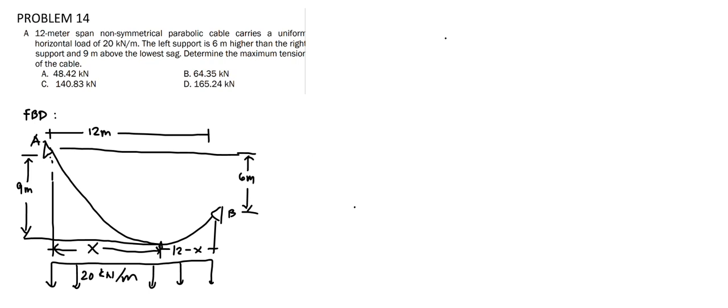Now to solve for the value of x, since a parabolic cable takes the form of a parabola, we can make use of the squared property of the parabola to solve for the value of x. That is the ratio of the horizontal distance squared divided by the vertical distance of the left support, that is 9 meters, should be equal to 12 minus x, the horizontal distance of the right support, squared divided by the height, that is equal to 9 minus 6, that is 3 meters.